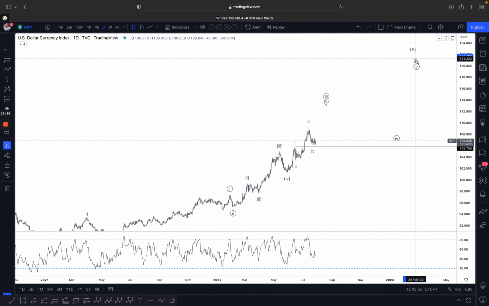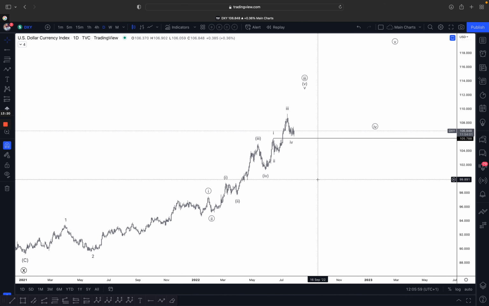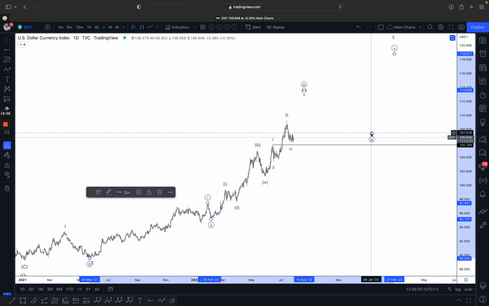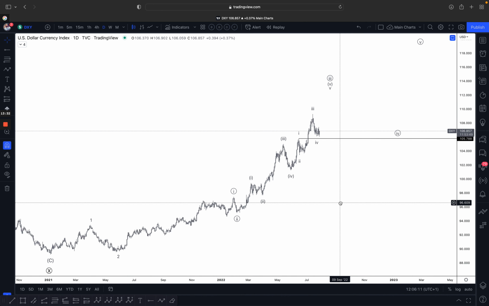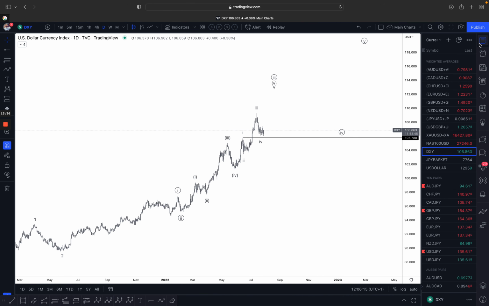I'm sorry, this is supposed to be here. I'll leave that there, and there we go. Sometimes my charts do that, but yeah, we got 1, 2, 3, 4, and then 5. So we can expect a lot of sideways correction shortly after we get one more push in the dollar index. So that's my dollar index count, guys.